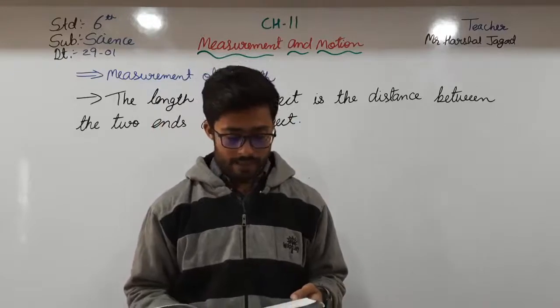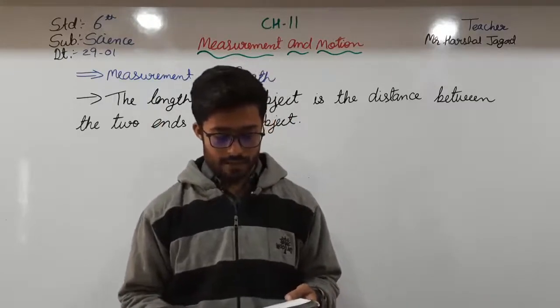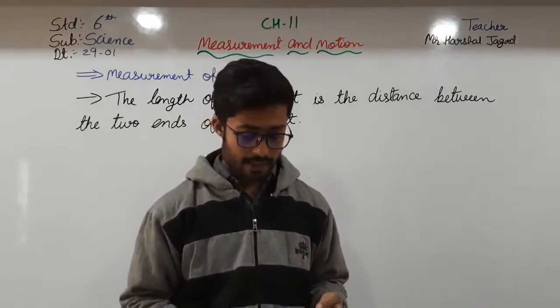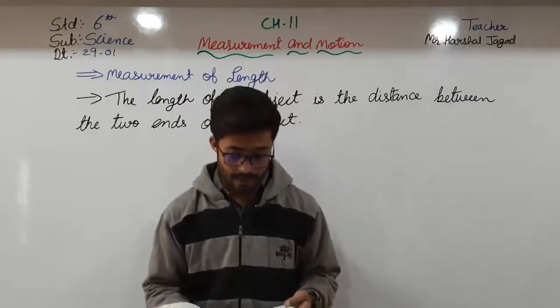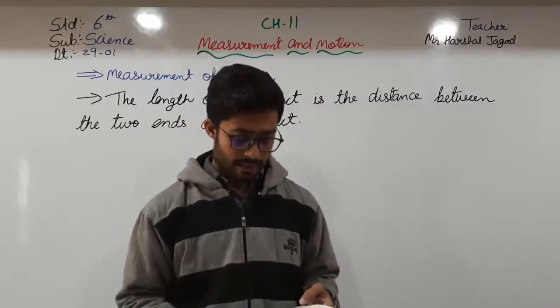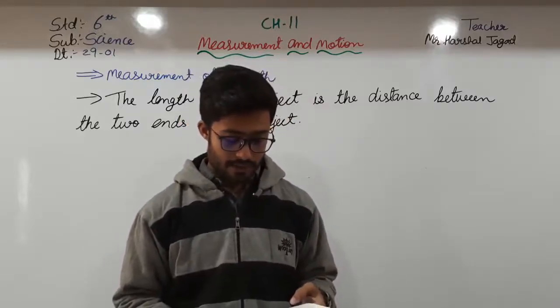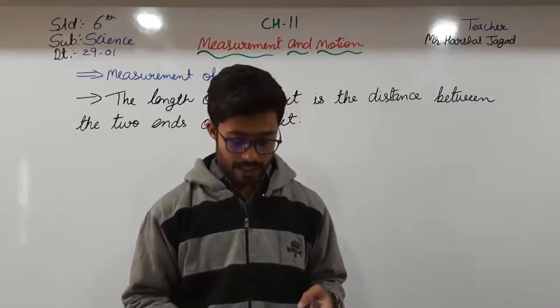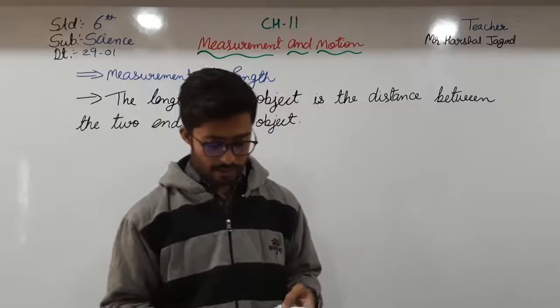If it is damaged at the edge, start measuring at another marking that is not damaged. For example, if you find that the 2 centimeter mark is intact and not damaged, you can start measuring from the 2 centimeter mark. However, you have to be aware of the starting point and make the necessary correction to get the correct value for your measurement.